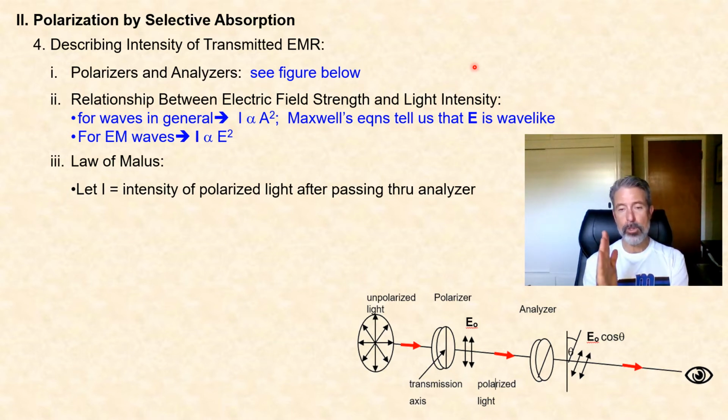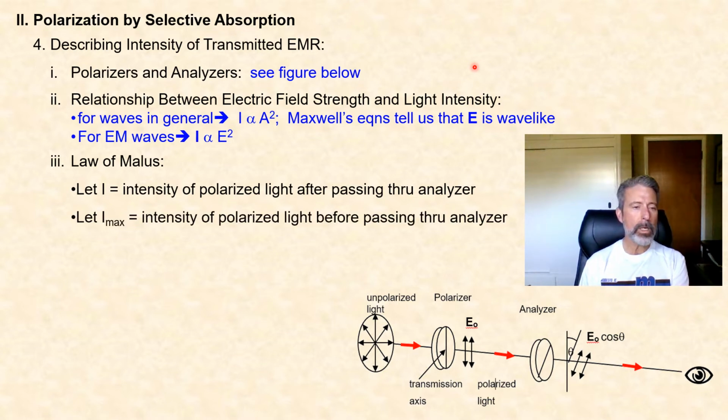Remember that the light that travels through the analyzer is by definition polarized. It's plane polarized because it has passed through a polarizer initially, perhaps to get it to be polarized. So we're going to say that I max is the intensity of the polarized light before passing through the analyzer, whereas I is just the intensity of the polarized light after passing through the analyzer.